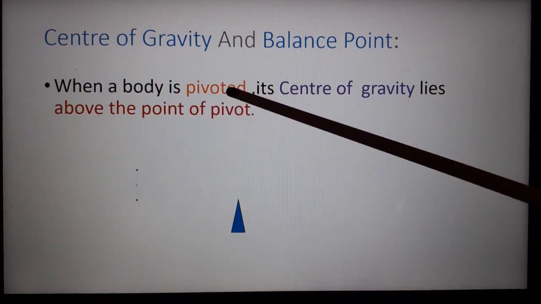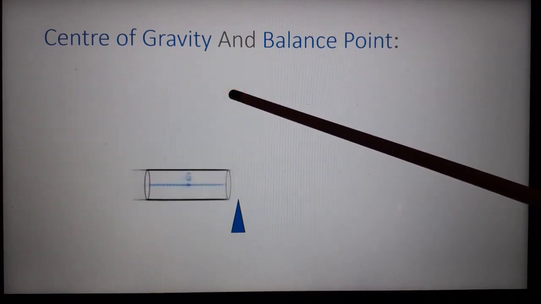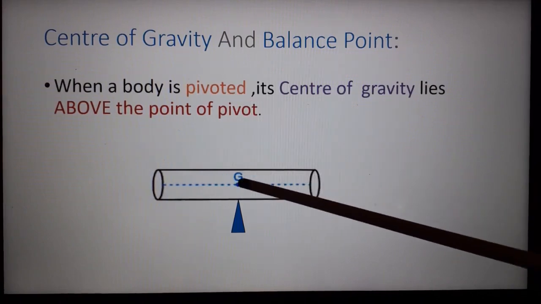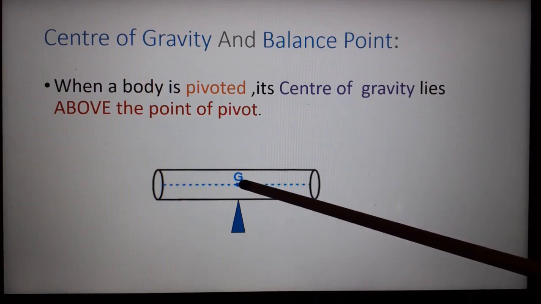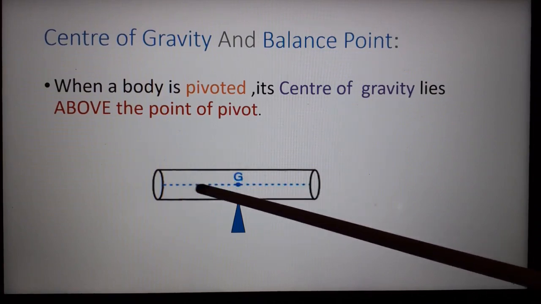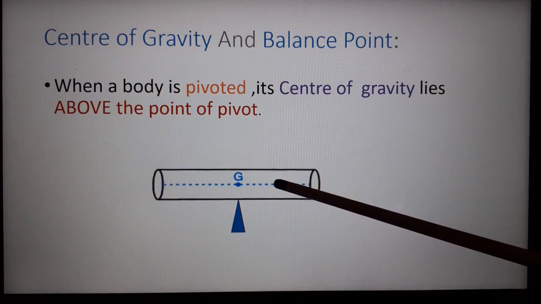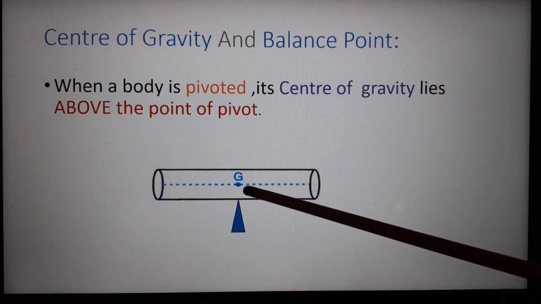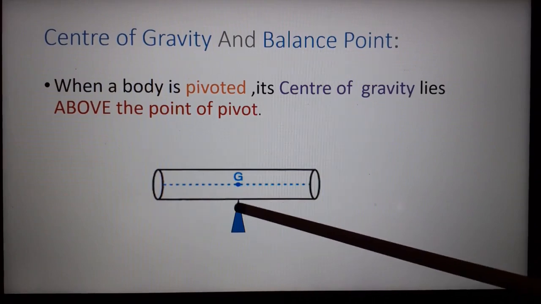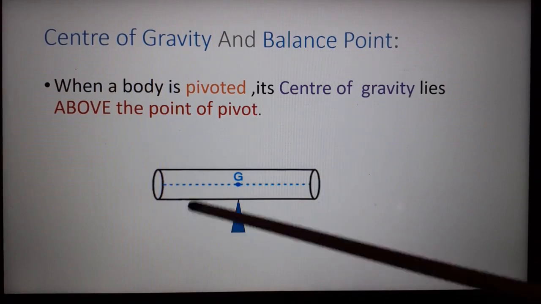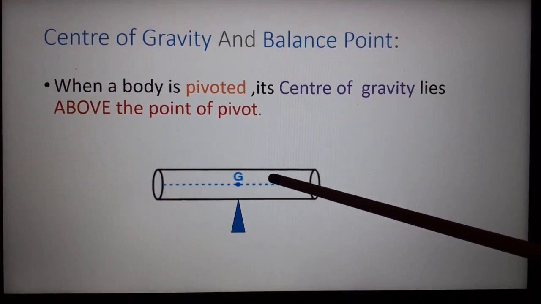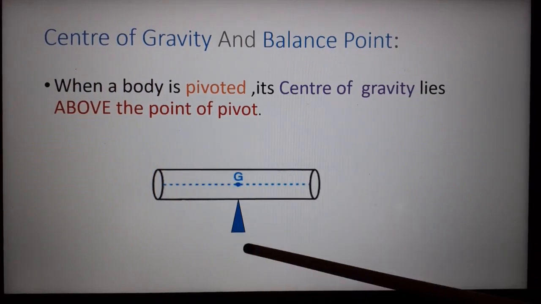When a body is pivoted, its center of gravity lies above the point of pivot. Wherever the tip is, if your center of gravity is just above that, then this object will be balanced, right? If you keep this pivot a little bit this side or that side, then definitely you will get either a clockwise or anti-clockwise turning effect.